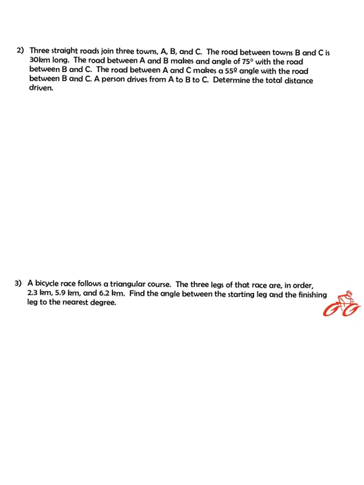So it says three straight roads join three towns A, B, and C. So let's go ahead and draw our triangle. We'll call this A, B, and C. So the road between B and C is 30 kilometers. The road between A and B makes an angle of 75 with the road between B and C. So that's talking about this angle right in here.